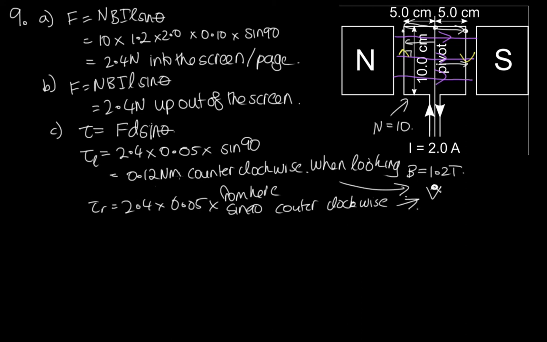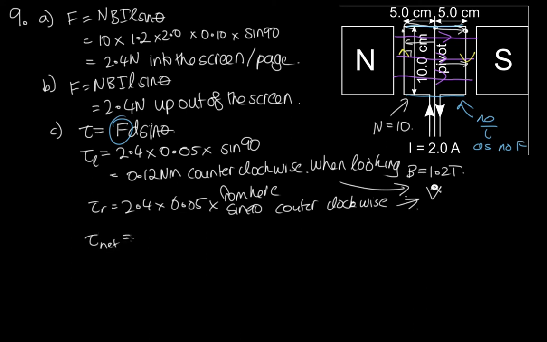Okay, so we're going to have to add together all the torques around this loop. Now these two sides here don't experience any force as the magnetic field lines and the current are parallel, so no torque here as no force, and we need to have a force in order to have a torque.